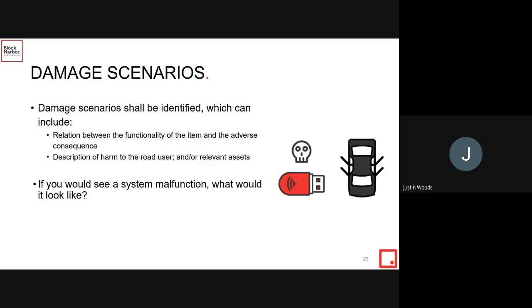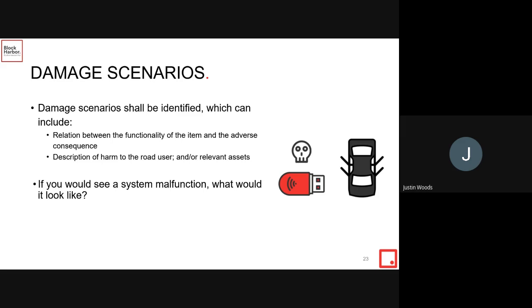So these damage scenarios shall be identified, which can include a relation between the functionality of the item and the adverse consequence, as well as description of harm to the road user and or relevant assets. So if you would see a system malfunction, what would it look like, right? So look at the feature. If something were to go wrong, what might happen?